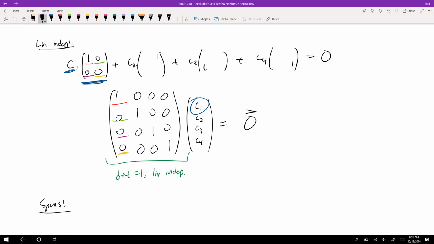To show that something spans, the first thing you want to do is consider the most general element in the vector space you want to span.